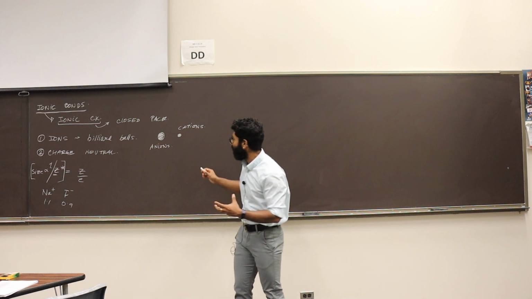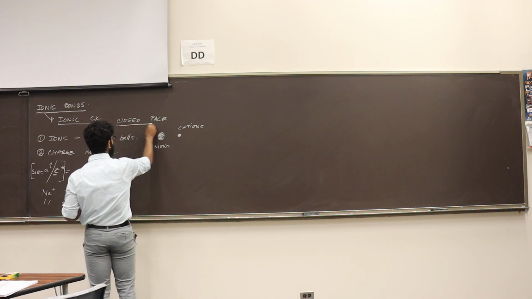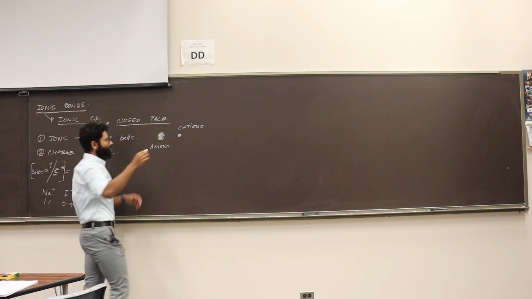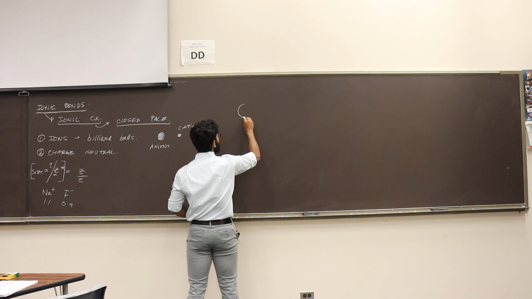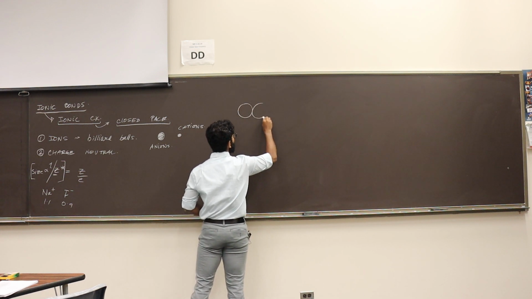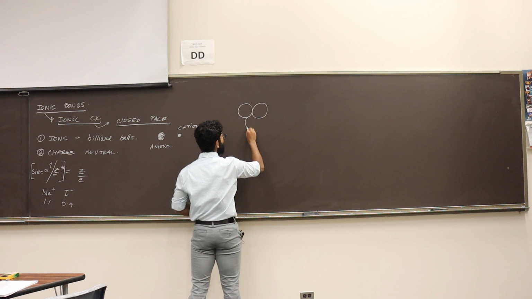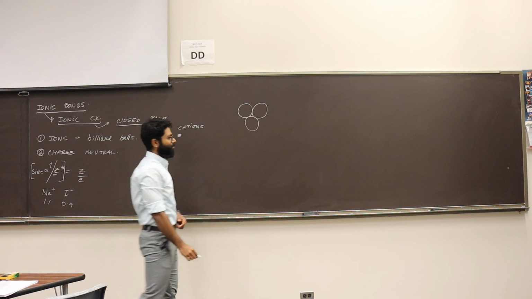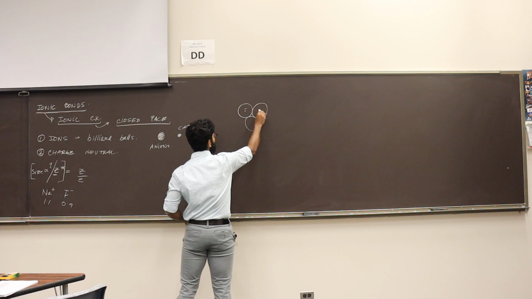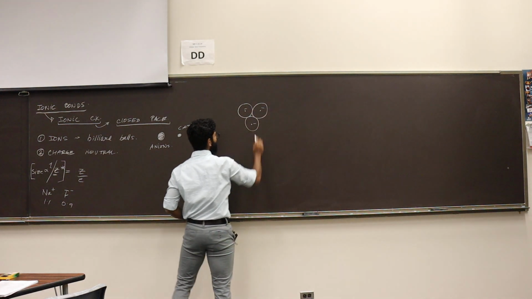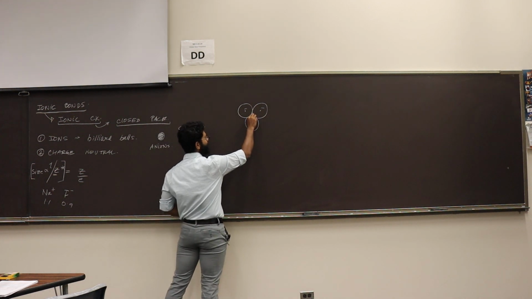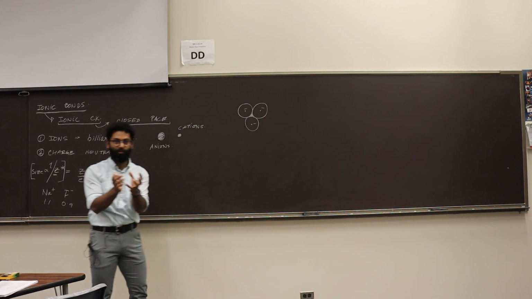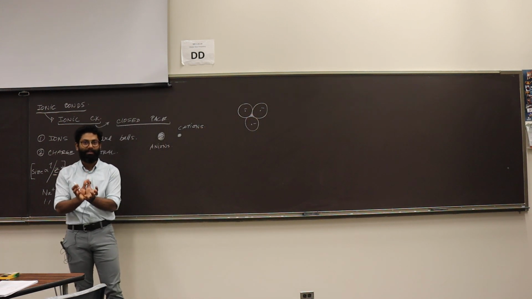So if you are trying to close pack something, okay? So say you have three anions, okay? So these are all negatives. The cations are likely to sit here, right? Because if you want that thing to be as close as possible.